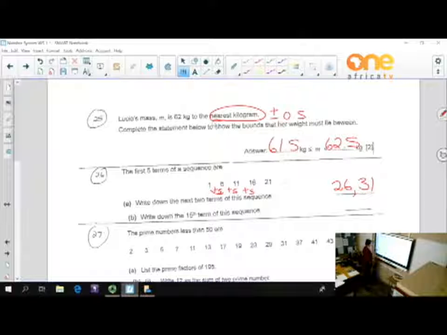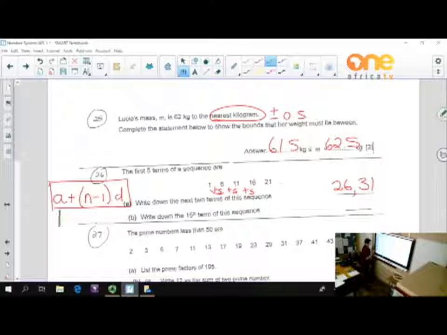Now, remember we spoke about this formula, A plus n minus 1, D. This is the formula that we can use here because we add. So, what is A? A is the first term, which is 1, plus n minus 1. N stands for any number.